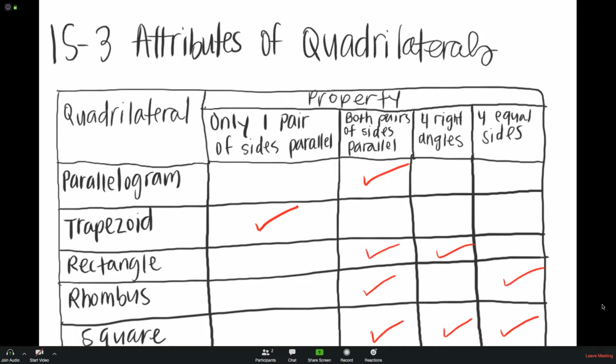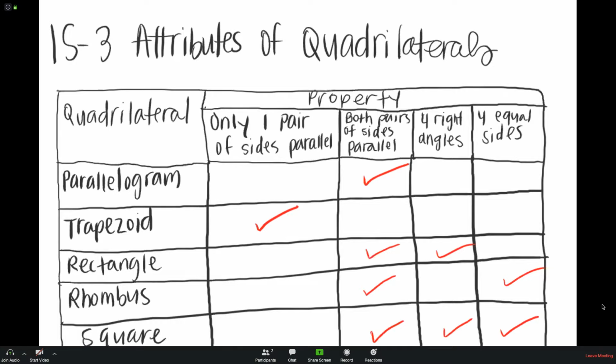The next one is a trapezoid, and a trapezoid means that only one pair of sides is parallel. A rectangle has both pairs of sides parallel and also has 4 right angles. So that means the angles that make up that shape are all 90 degrees. A rhombus has both pairs of sides parallel and has 4 equal sides.